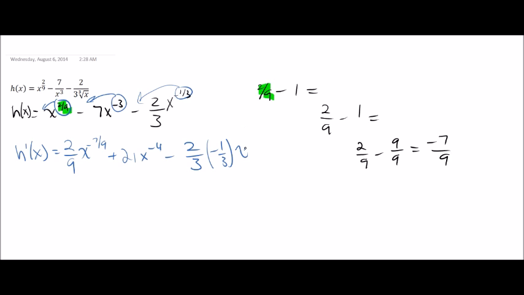And then x, now let's consider what happens to this -1/3 here. I'm going to have to do -1/3 minus 1, which is -1/3 minus 3/3, which is -4/3. So here we have x to the -4/3.